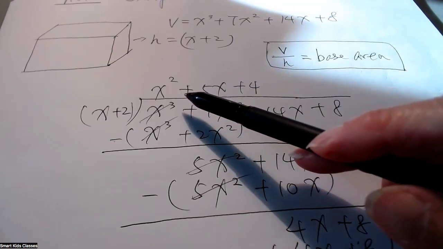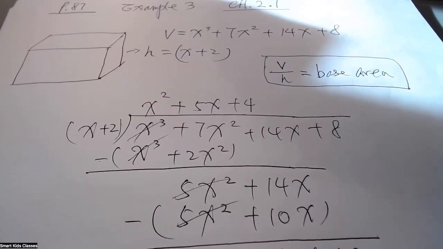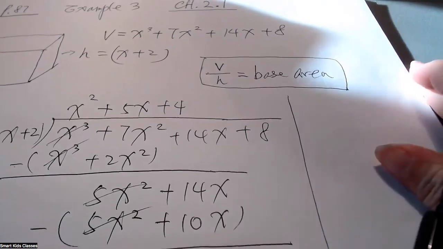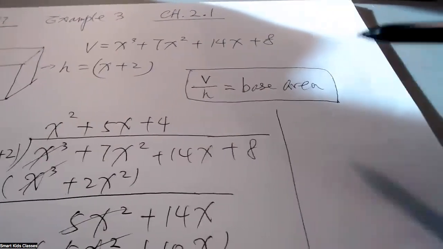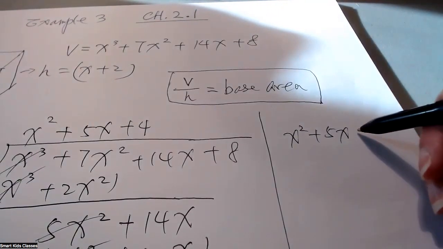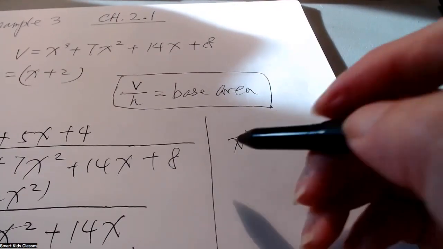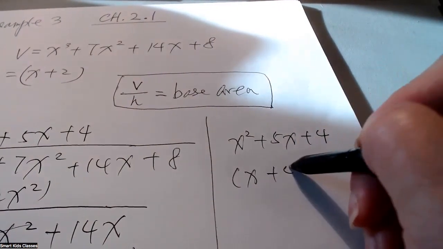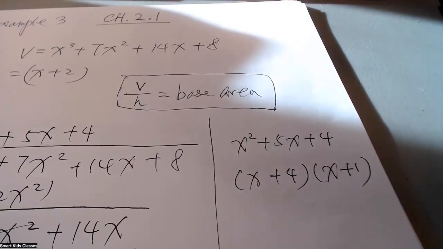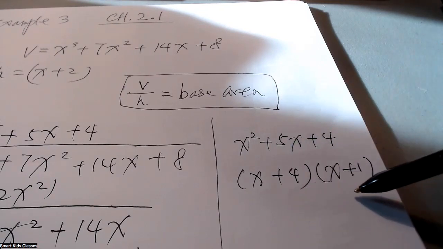Now we get the base area, which is x exponent 2 plus 5x plus 4. From here, we make some room to factor this base area. We have x squared plus 5x plus 4, and we factor it into x plus 4 times x plus 1. From here, we get the base area, one called length and one called width.